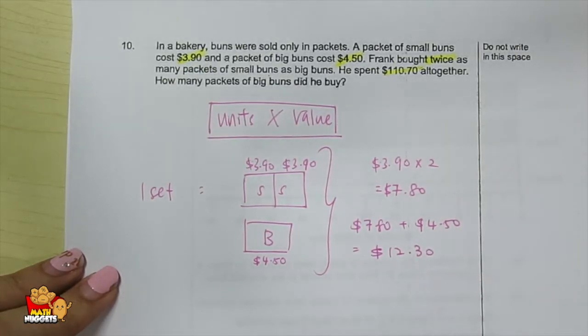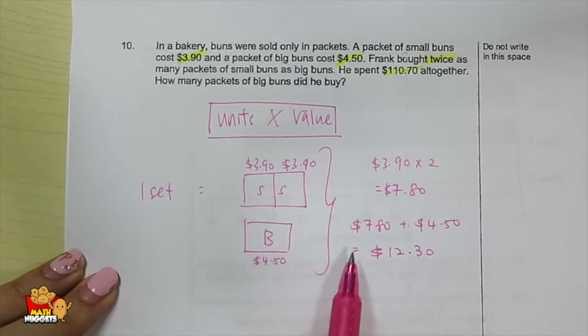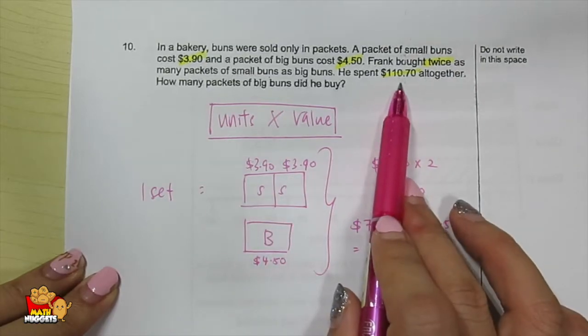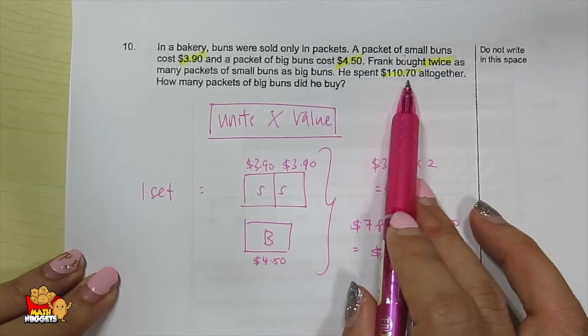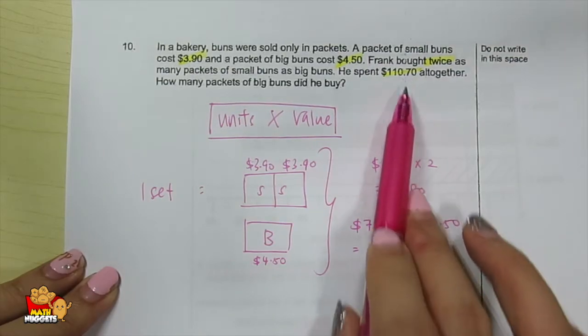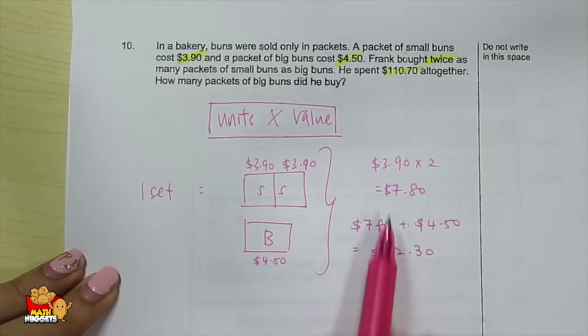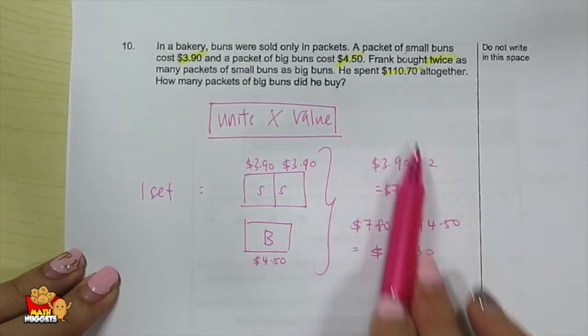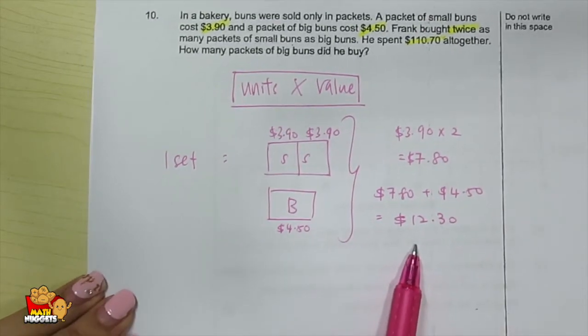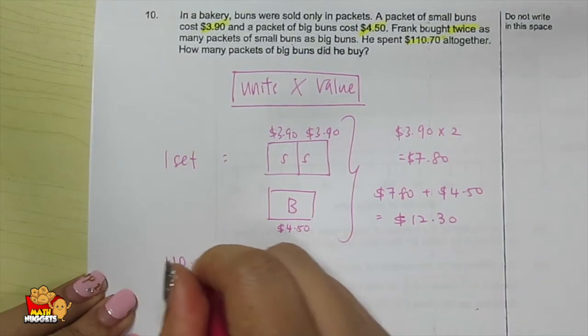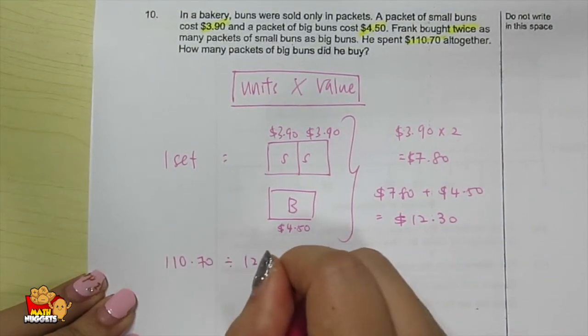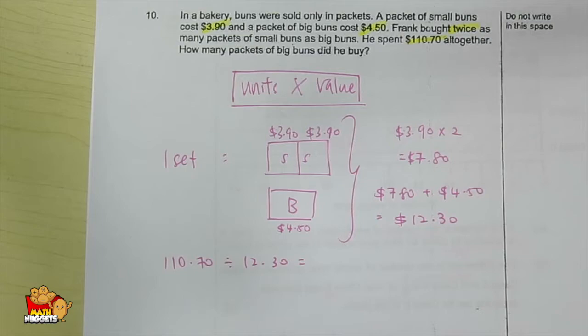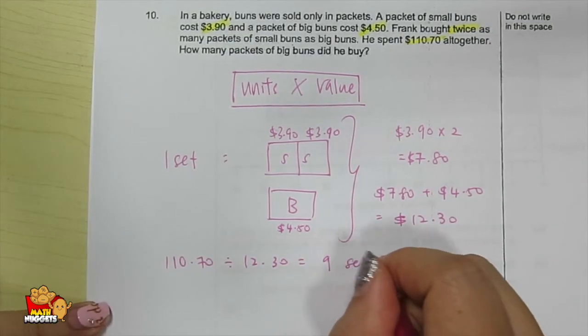So 12.30 is the value of one set. So there are multiple sets of this. We don't know how many sets of this, but we know that everything adds up to $110.70. So we need to now find the number of sets. So we'll take the total value divided by the value of one set. So 110.70 divided by 12.30. We get 9. 9 sets.